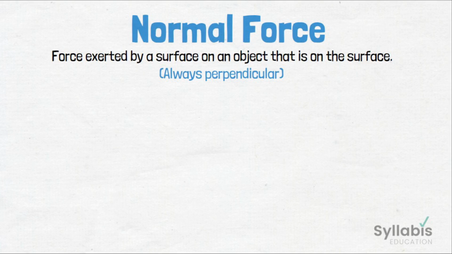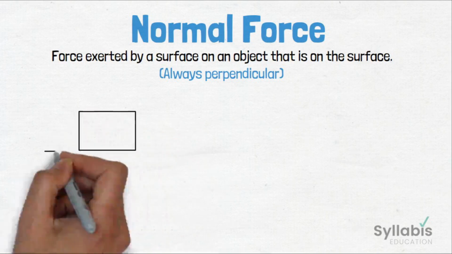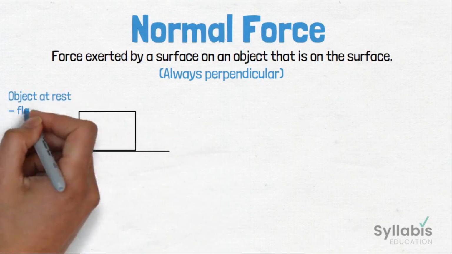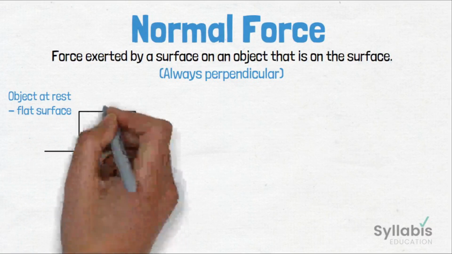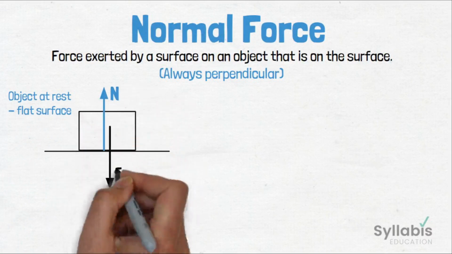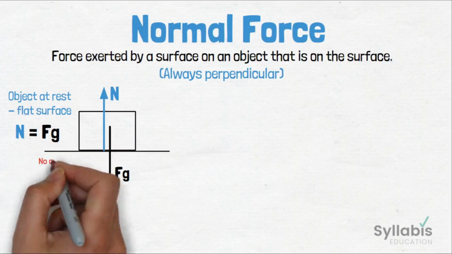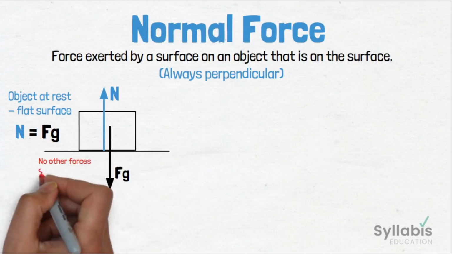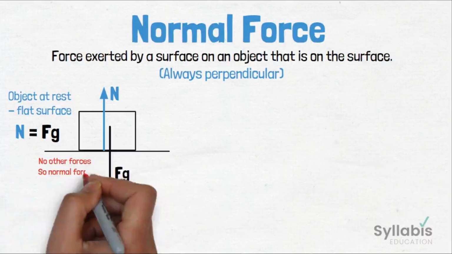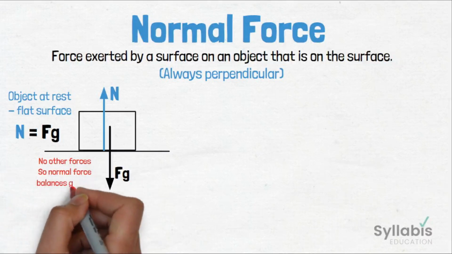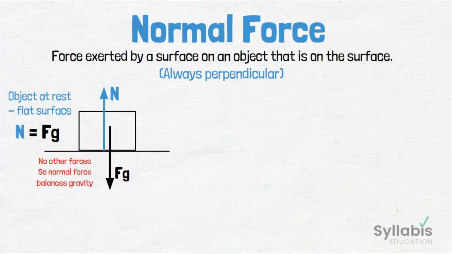The normal force will vary, depending on which other forces are also acting on the object. When an object is at rest on a flat horizontal surface, then the normal force is equal to the gravitational force acting on the object. This is because the object is at rest, so there are no other forces acting on the object, so the normal force will balance out gravity.